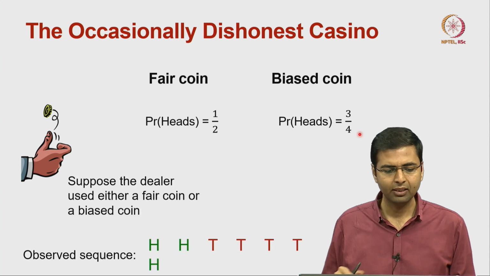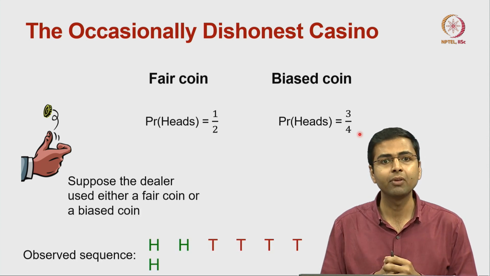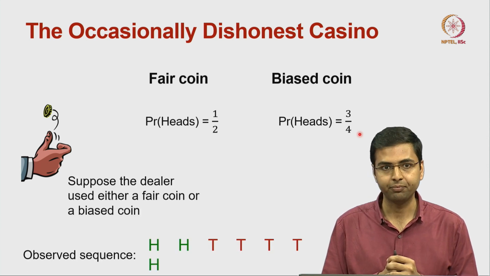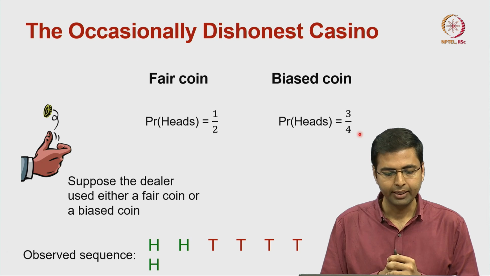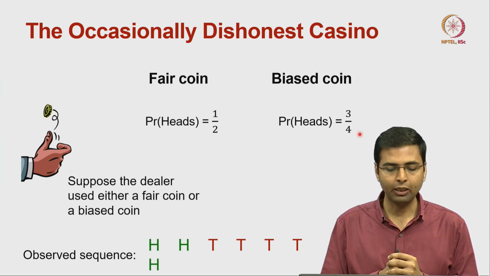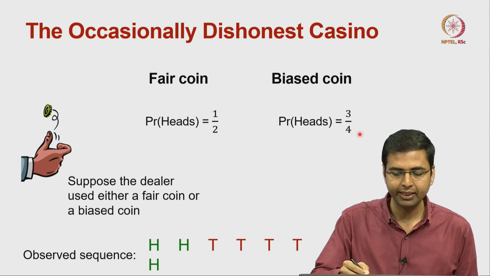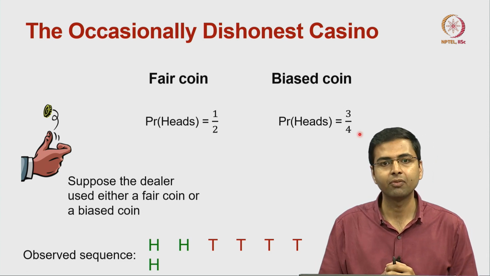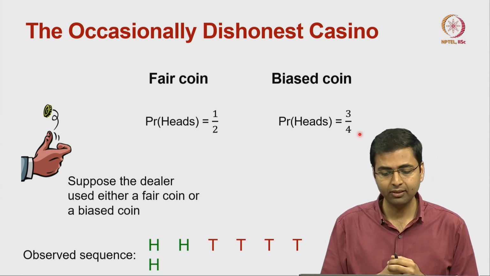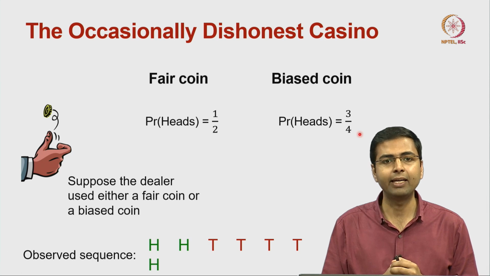Now suppose the dealer used either a fair coin or a biased coin, and we observe the sequence H H T T T H, that is 2 heads, 4 tails and then finally a head.